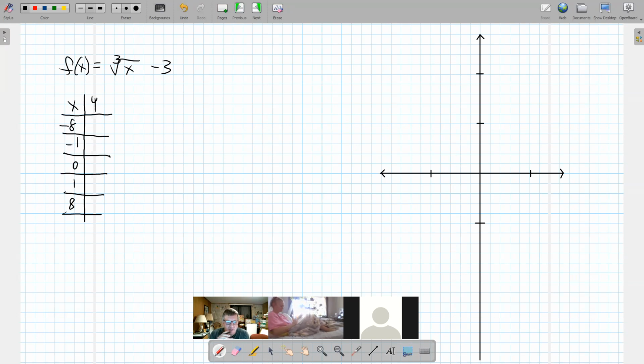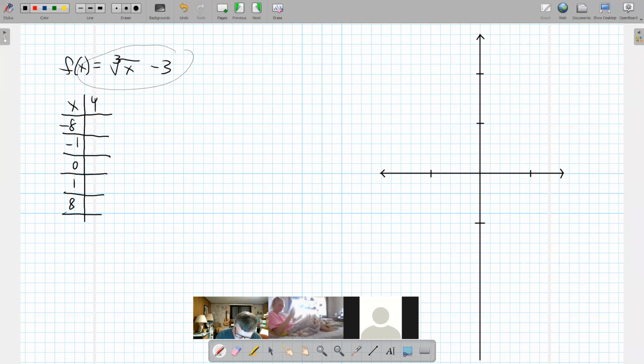Notice a couple of things. First of all, the -3 in the function is outside of the radical. So we're going to take x, put it into the cube root, take the cube root, and then subtract 3. If we're taking cube roots, doesn't it seem like the best choices of x would be perfect cubes, which is what they've got? -8 is -2 cubed, -1 is -1 cubed, 0 is 0 cubed, etc.